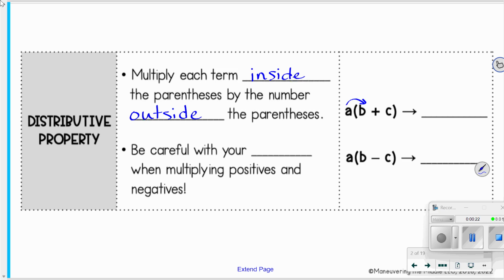The easiest way to do this is just draw an arrow from that outside term to each of the inside ones. Okay? Whatever it is, it doesn't matter if it's a number or variable, you're multiplying it by each of the inside ones. So A times B would equal AB. Whatever my sign is, and here's where it's going to get a little different now that we have done negative integers.